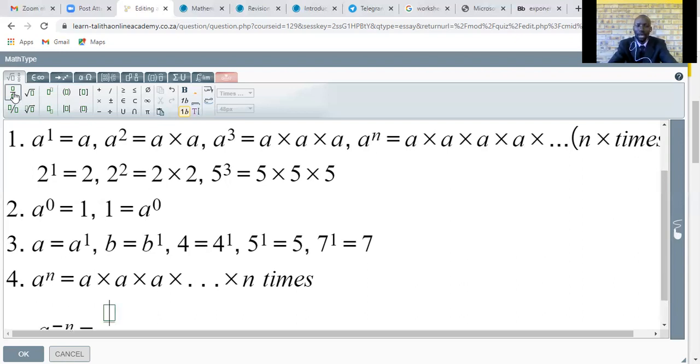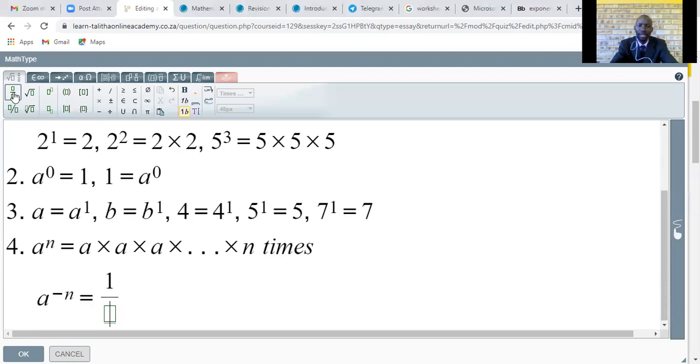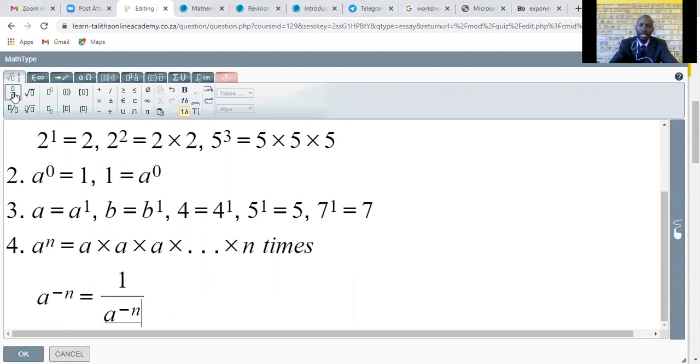And that gives us 1 divided by what we had been having, only that in this case, A will have a positive power or a positive exponent, which you can just write without anything, plus or minus. You can just keep it as a power n, from a power negative n to a power n. And this is how you deal with quantities that have got negative powers.